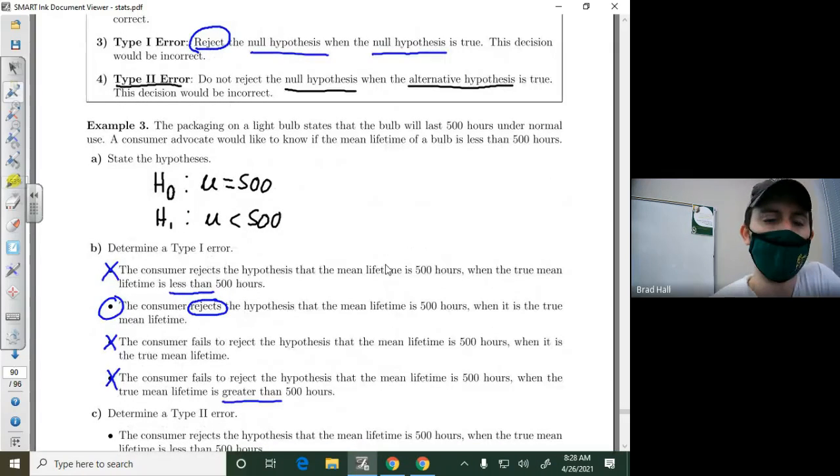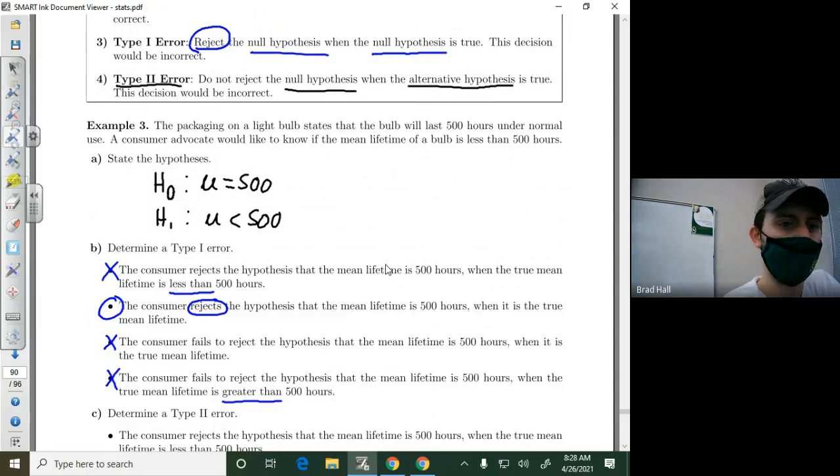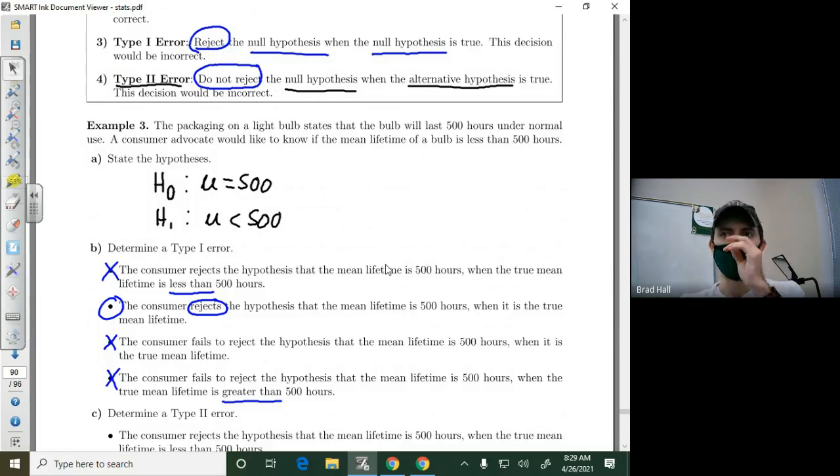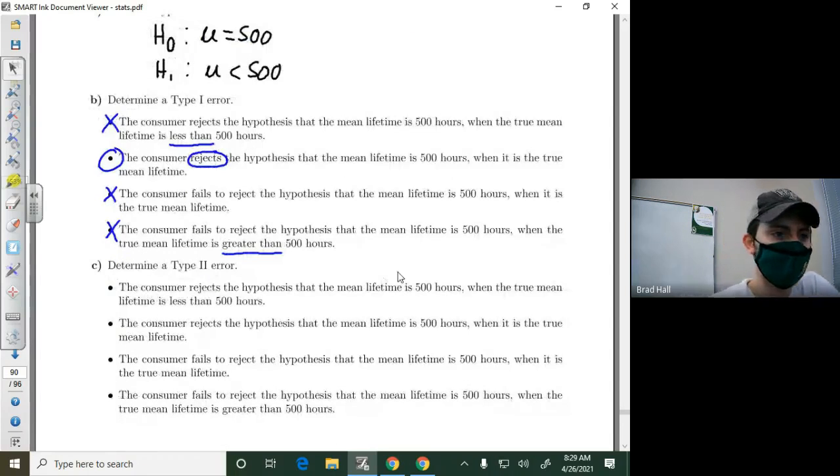So one thing that I think would be helpful to utilize is that it says do not reject. And with the phrasing do not reject, that means fails to reject.